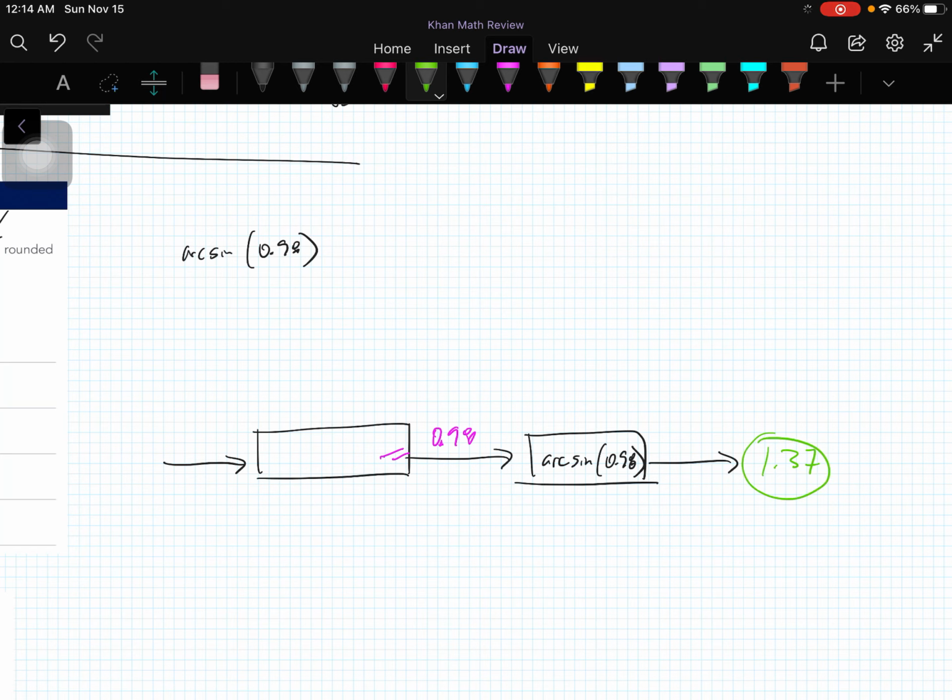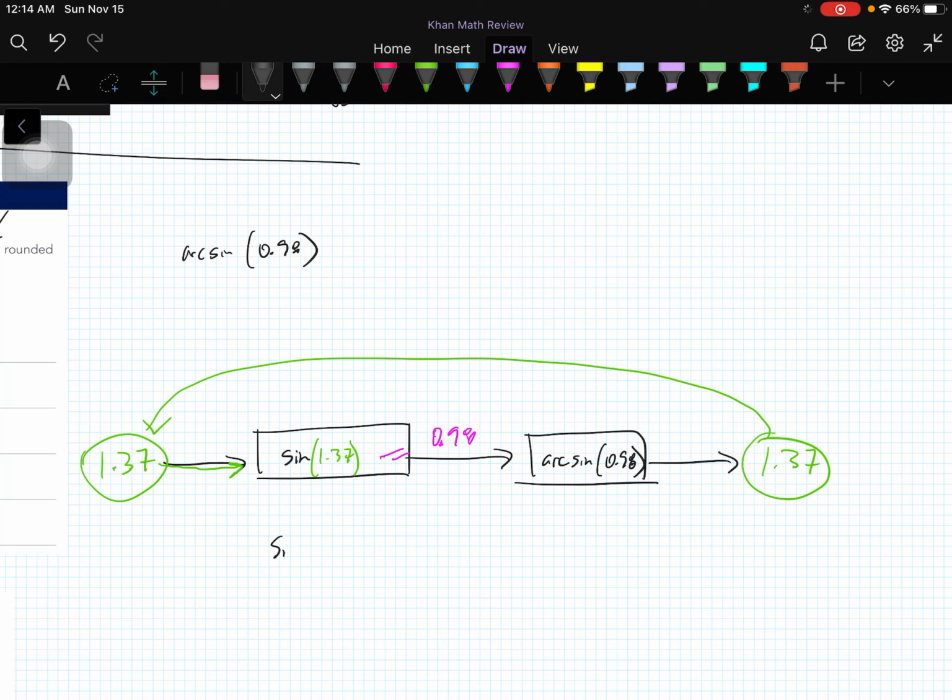So we know if the output is 1.37, the input for the inverse function had to be 1.37. Okay, so we know that we're putting 1.37 into the original function, and by definition we know that sine is the original function and arcsine was the inverse. 1.37. Now we're just confirming.